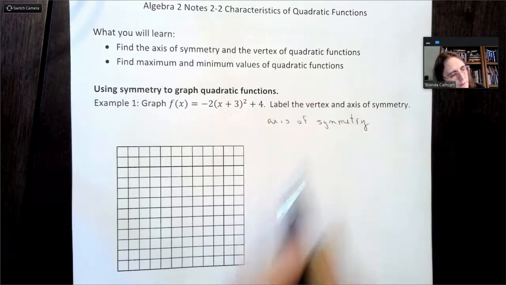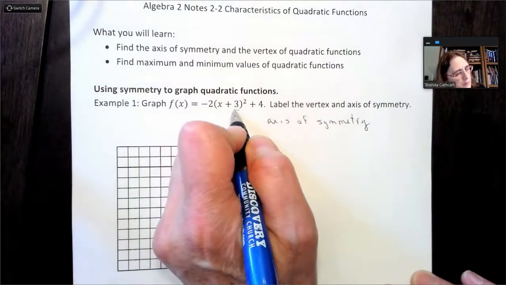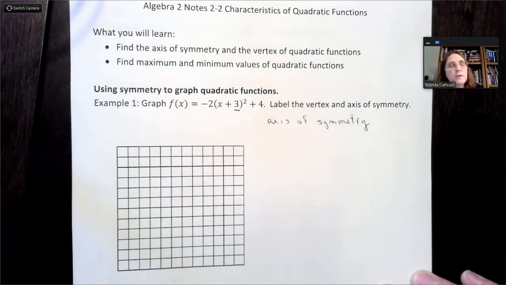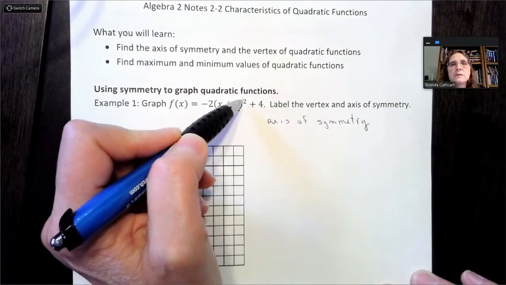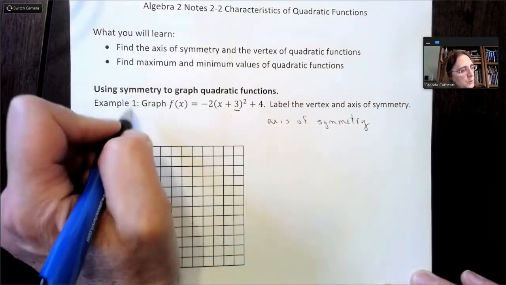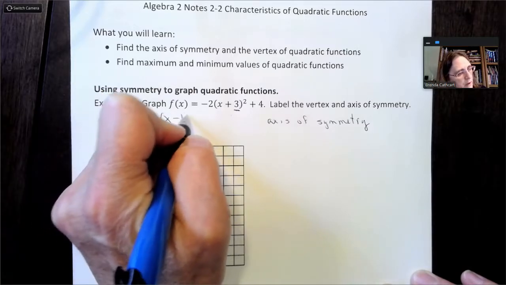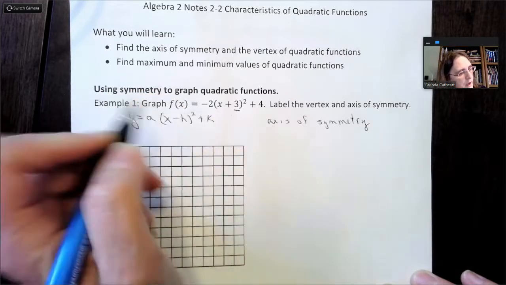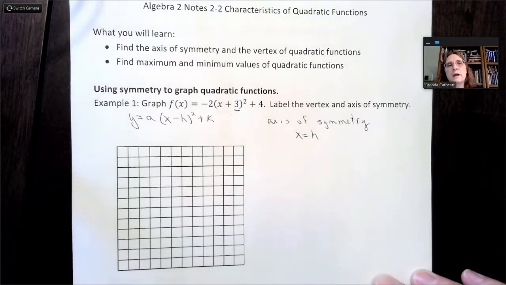So starting with our axis of symmetry, we've learned that our axis of symmetry comes from the number that is added or subtracted to the x within the parentheses that's going to be squared. We looked at the form as y equals a, quantity x minus h squared plus k. Our axis of symmetry, we learned, is x equals h.